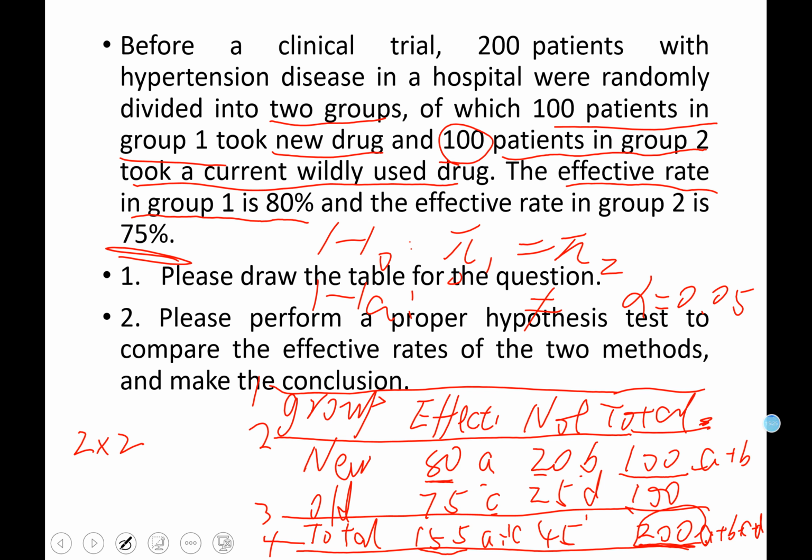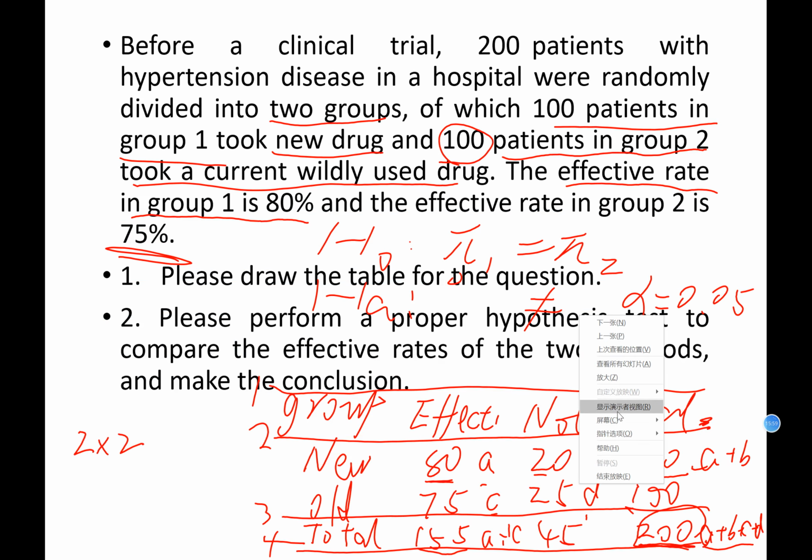Okay, so how about the other cells? You can calculate all the expected frequencies for the other 3 cells, B, C, and D. And we will find that all of these 4 cells have an expected frequency of more than 5. And we can find that n is bigger than 40. So that means we can use the formula.